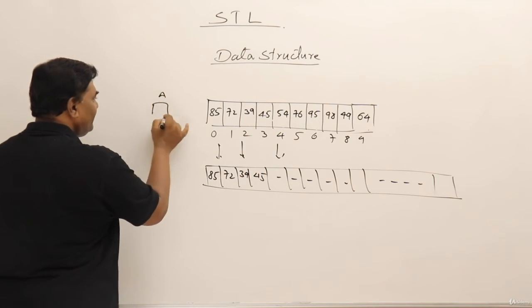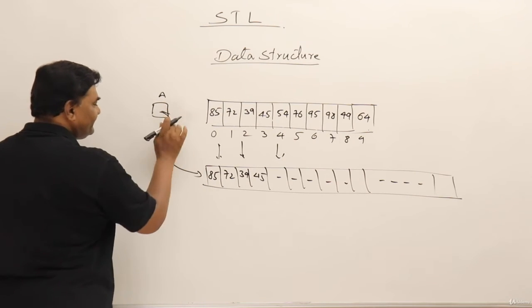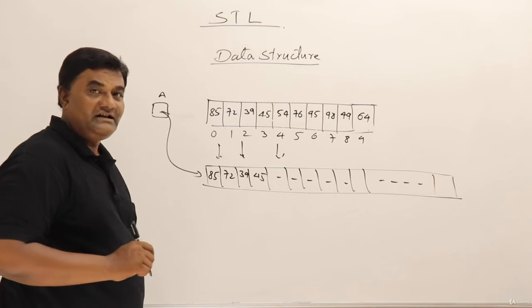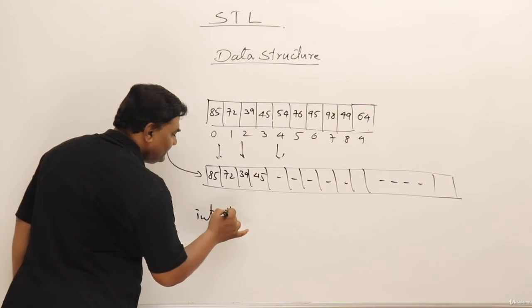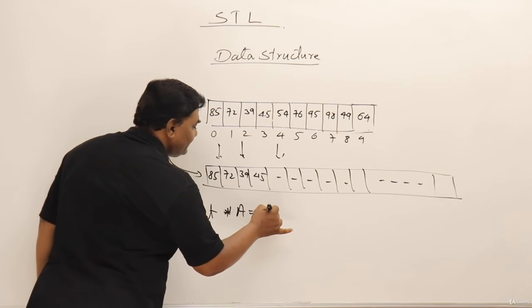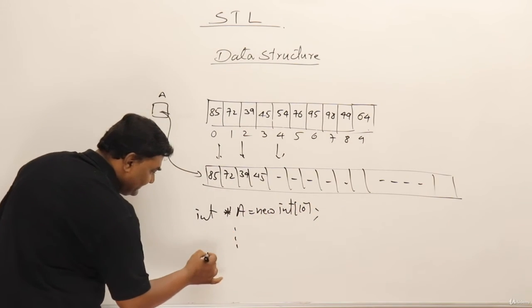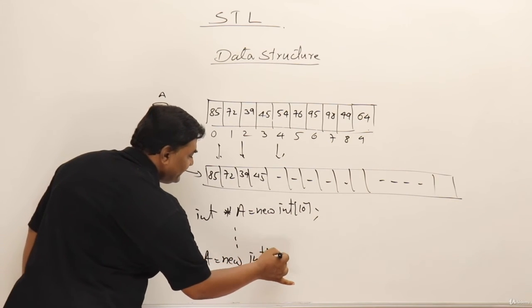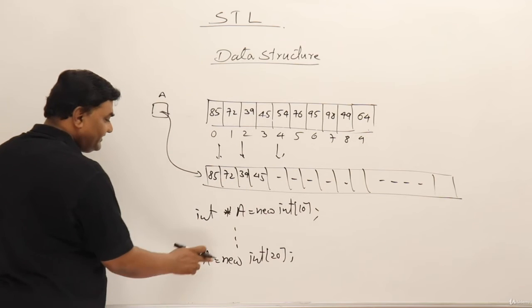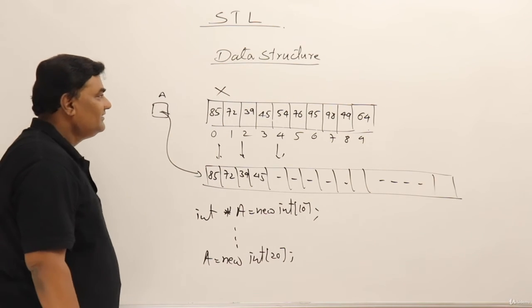So let us say A is a pointer, it's pointing here, but now we can make it point to this one. So this is possible if you are creating it dynamically. So initially if you have created an array of size 10, then later you can say A assign new integer array of size 20. So a larger array will be created and the same A will be pointing there, and you can delete the old array.